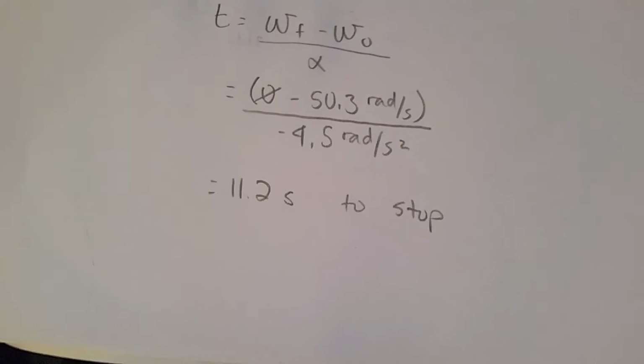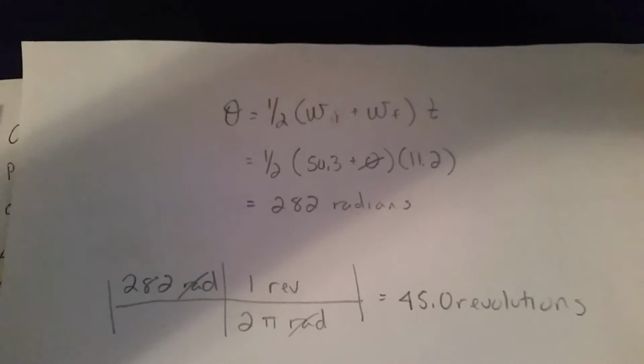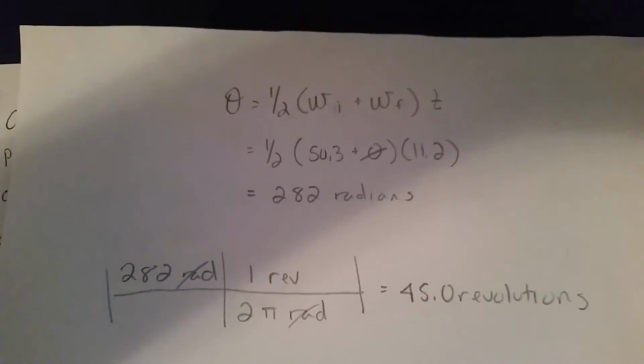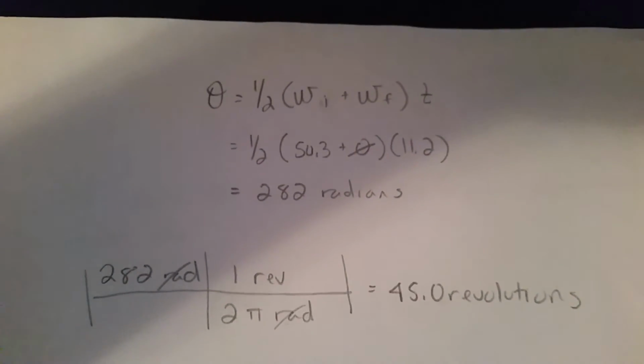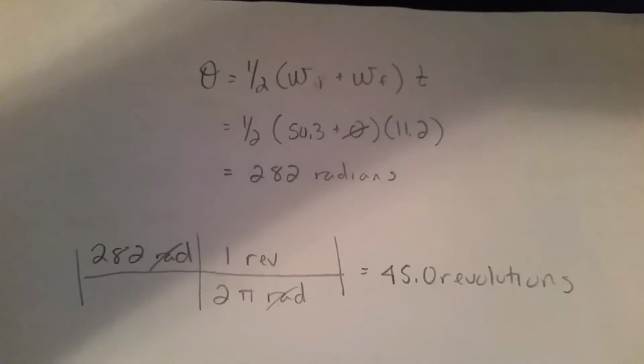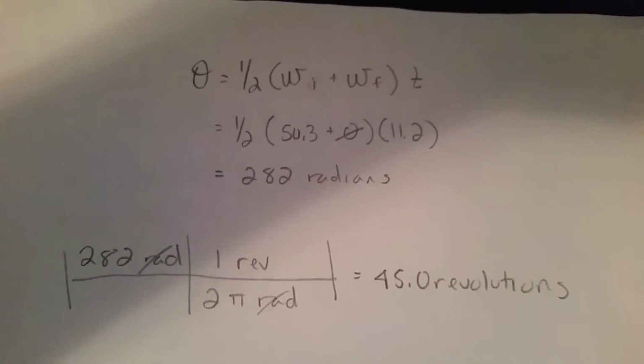Alright, and the next part of the question asks, how many revolutions does it take to come to a complete stop? So the formula I will use here is 1/2 times initial omega plus final omega times t, which I found in the first problem.